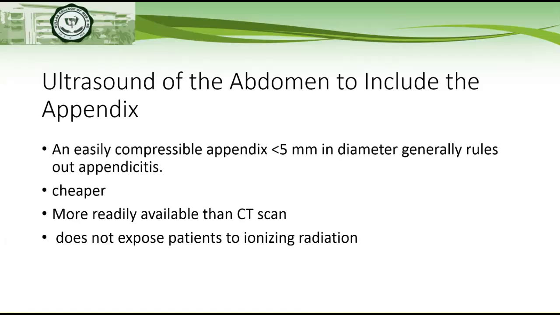The ultrasound of the abdomen to include the appendix is usually taken. On the ultrasound, you see an easily compressible appendix less than 5 mm in diameter to rule out appendicitis. In some books, it's less than 6 mm. Ultrasound is cheaper and more readily available than a CT scan and does not expose patients to ionizing radiation.